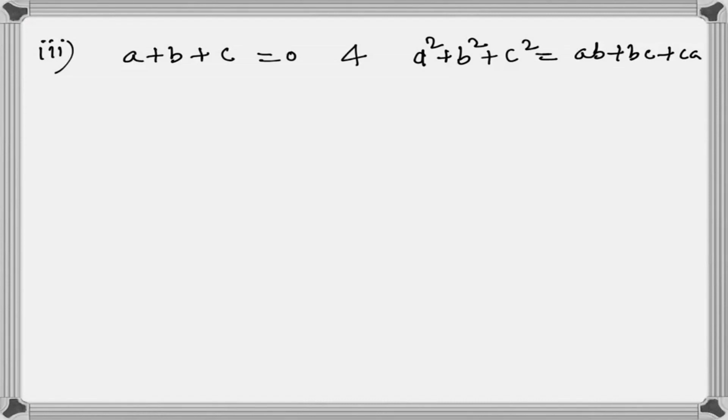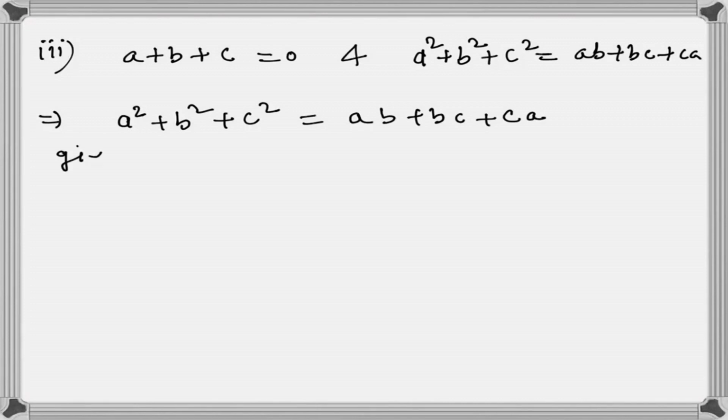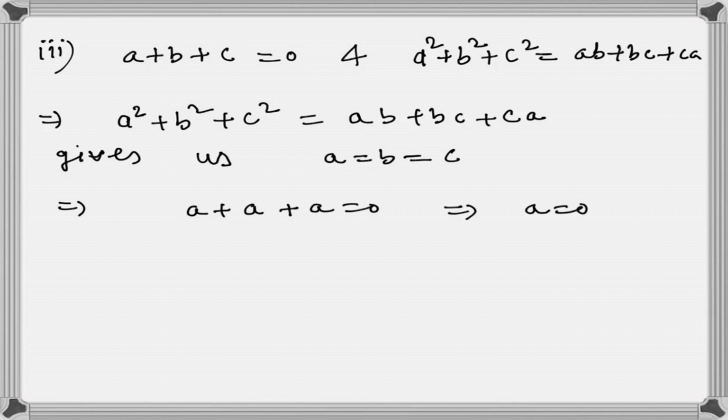As we did in the first part, a² + b² + c² equal to ab + bc + ca gives us a equals b equals c. And this implies that a + a + a is 0, so a is 0. This implies that a equals b equals c equals 0.